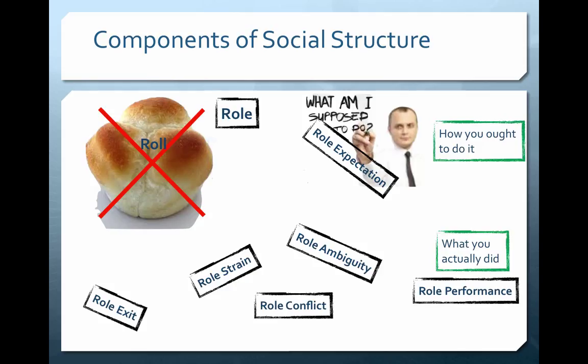It means you are adjusting by leaving one role that was central to who you identified yourself as being and entering into another role. People who were in religious communities, nuns who leave the religious community, retirees. When you've been working all your life, whether it be for one employer or many employers, when you leave, you role exit. And sometimes that provides another degree of ambiguity.